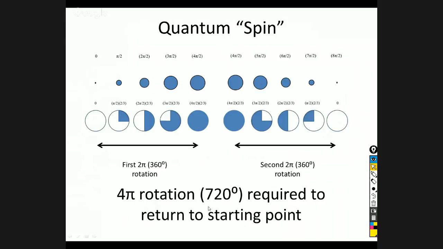But we see that this so-called quantum spin, when it's a 3D oscillation, a volume oscillating, is easy to understand. We begin with a point, and then at the equivalent of 90 degrees of rotation, we get an eighth of the volume, and then at 180 degrees, or 2 pi over 2, which is pi, we get 1/2 of the expansion, and then 3/4.